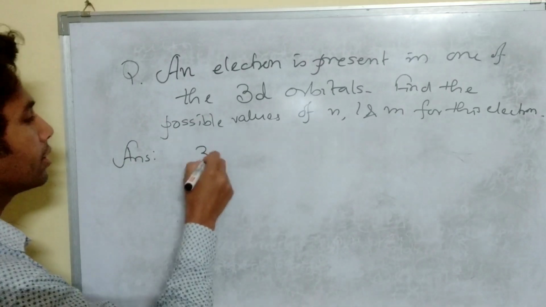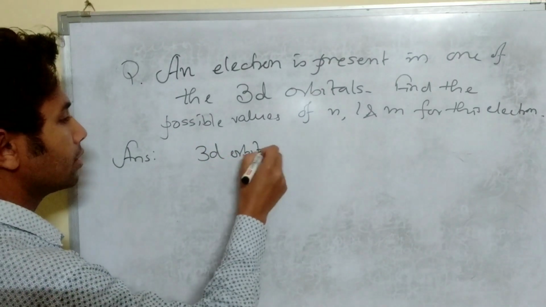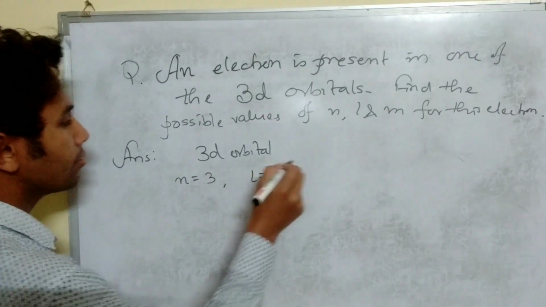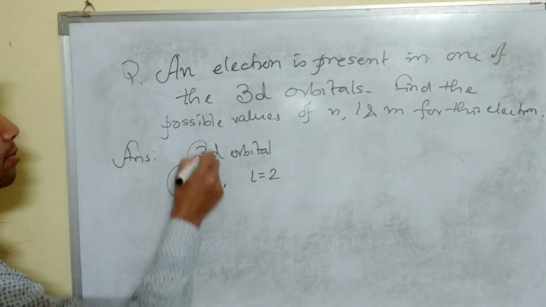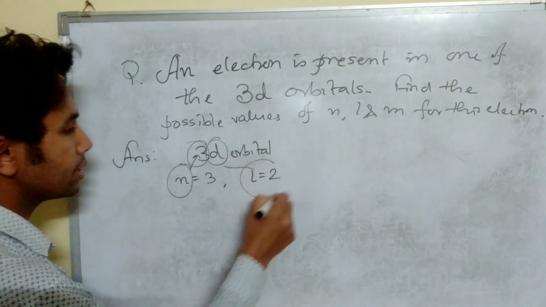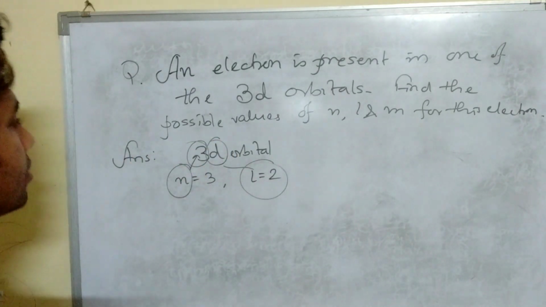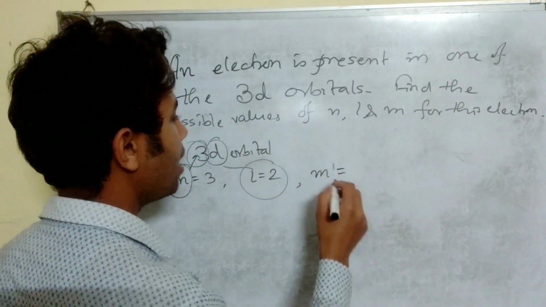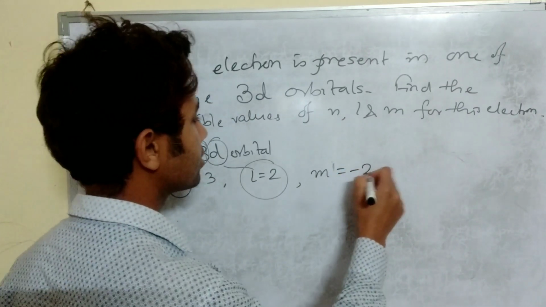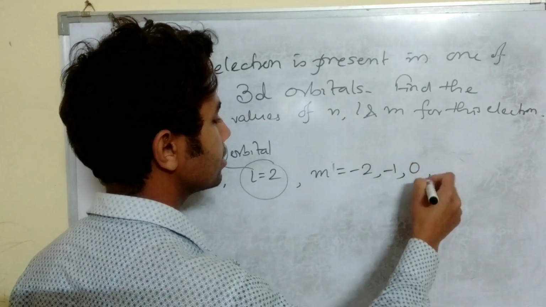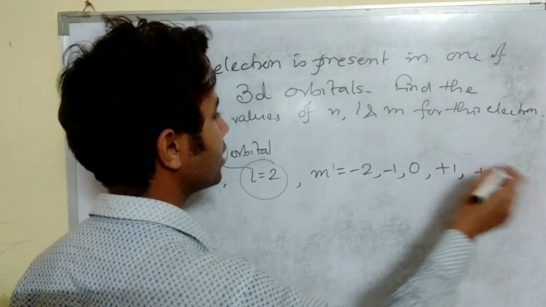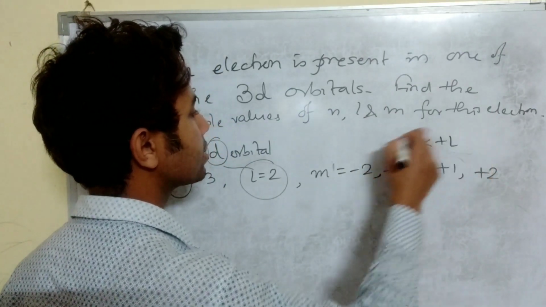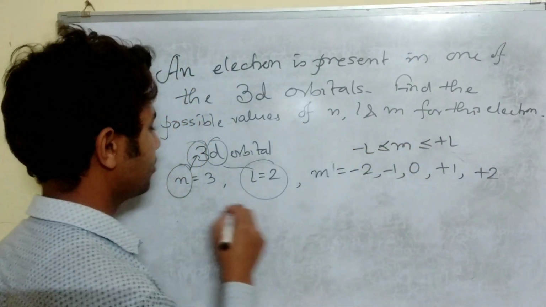We see 3d orbital. In case of 3d orbital, here n is equal to 3, l is equal to 2. Means n is equal to 3 here, l is 2. For d subshell, l is equal to 2. So m will be minus 2, minus 1, 0, plus 1 and plus 2, as m is less than or equal to plus l and greater than or equal to minus l.